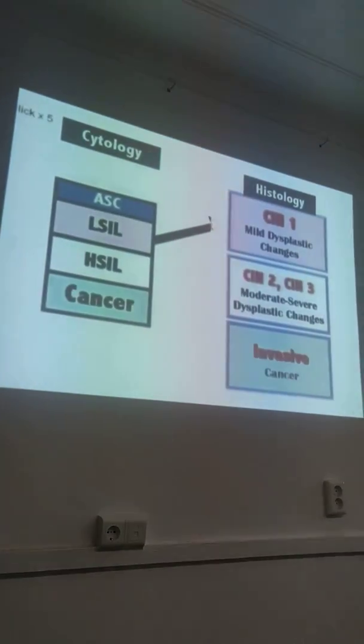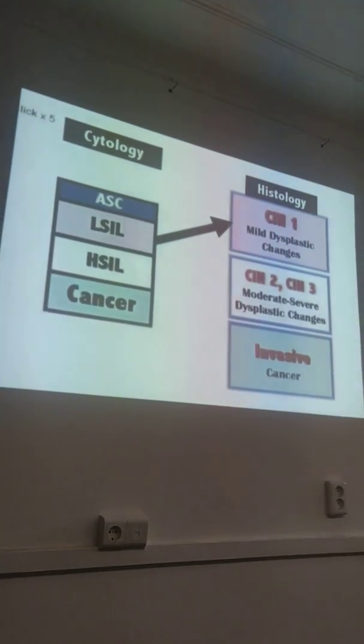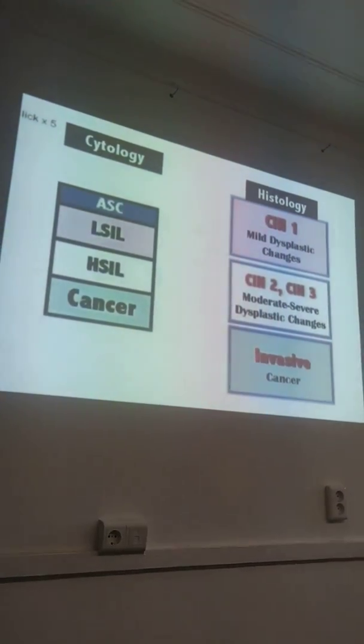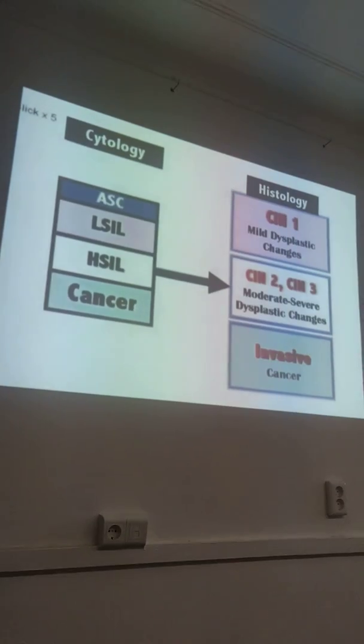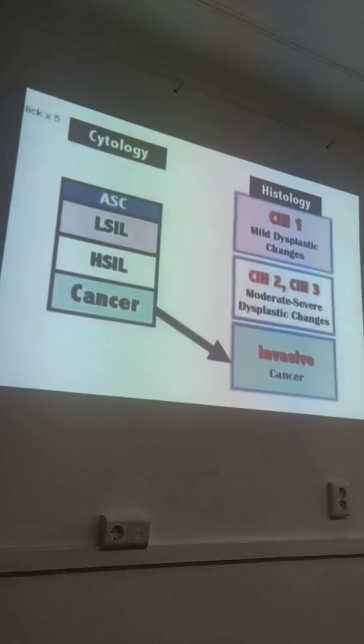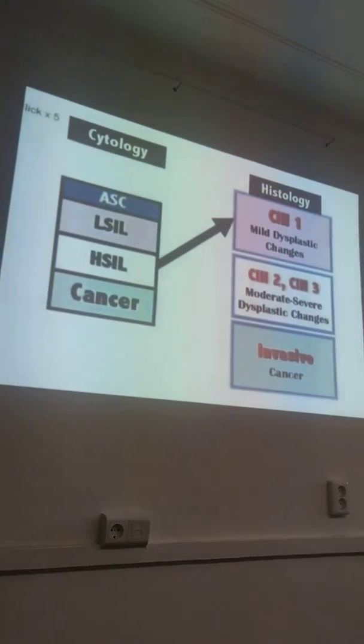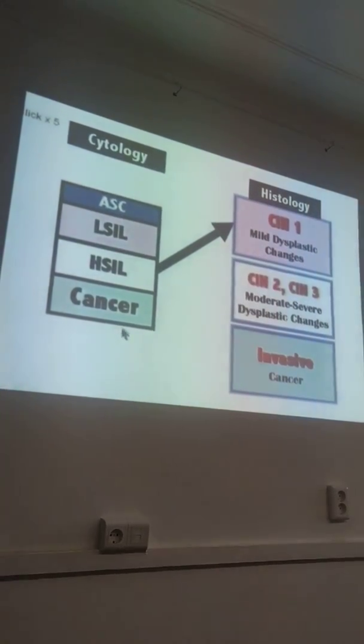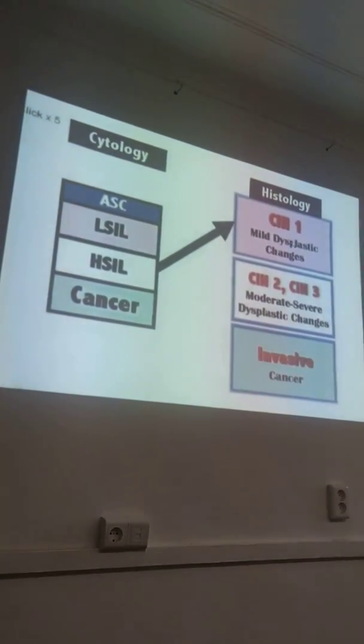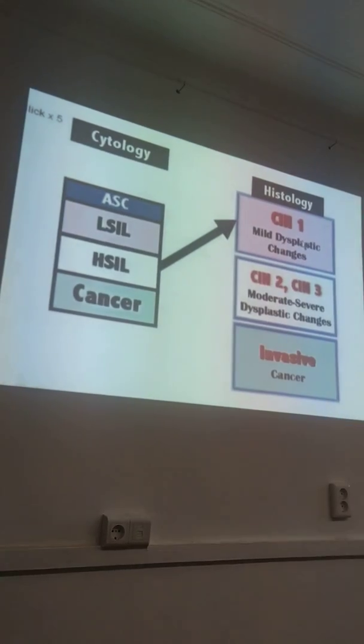The pap smear should not be worse than the biopsy. If the pap smear is worse than the biopsy, your only assumption is you missed the area where the abnormal pap smear cells came from. You see, LSIL should be SIN1. HSIL, SIN2 or 3. Cancer, invasive cancer. What if your cytology is HSIL, but on your biopsy all you see is SIN1, mild changes?